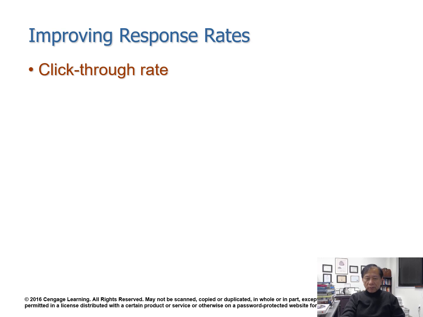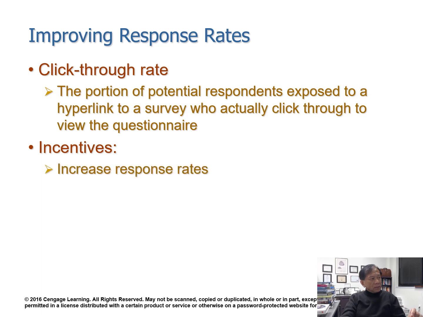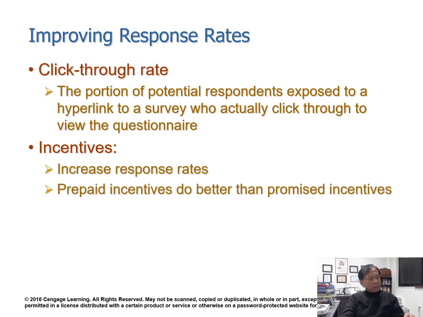Improving response rate: click-through rate. We use click-through rate. That's the portion of potential respondents exposed to a hyperlink to a survey who actually click through to view the questionnaire, just like click-through rate in e-commerce. Incentives increase response rates.